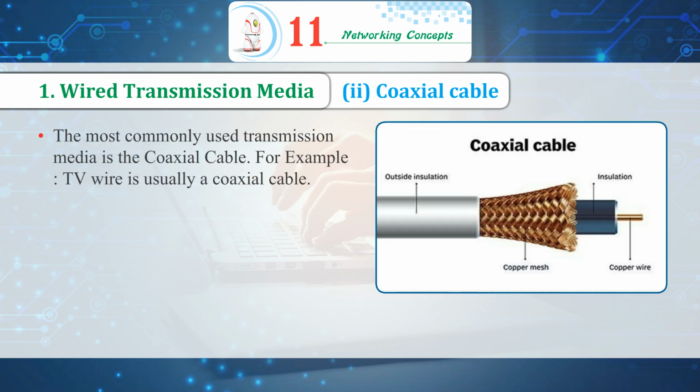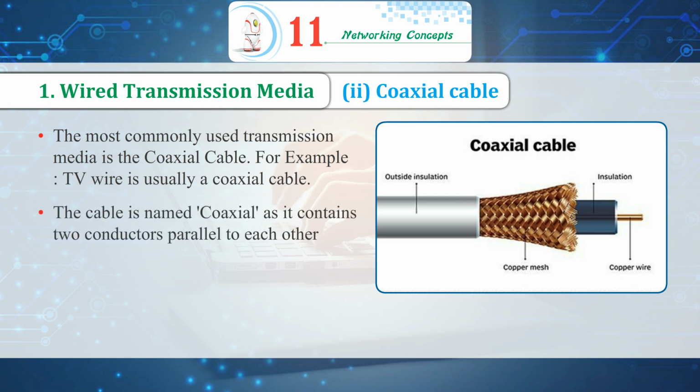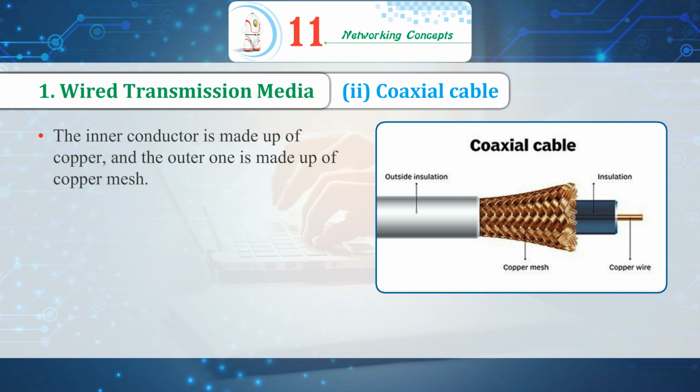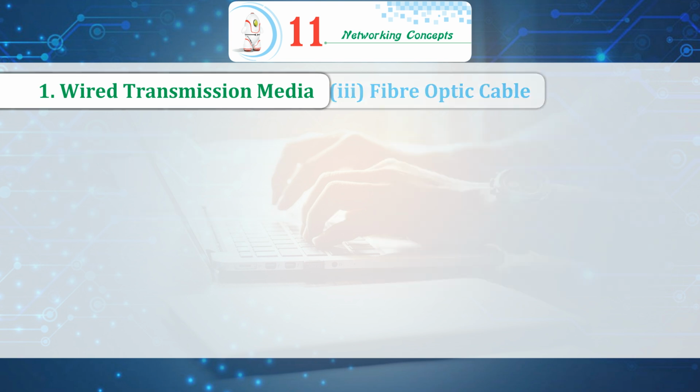Coaxial cable. The most commonly used transmission media is the coaxial cable. For example, TV wire is usually a coaxial cable. The cable is named coaxial as it contains two conductors parallel to each other. The inner conductor is made of copper and the outer one is made of copper mesh. It provides high data transmission speed.